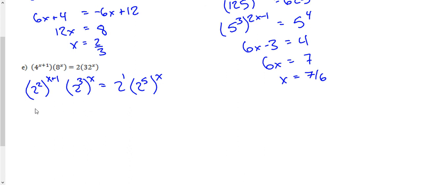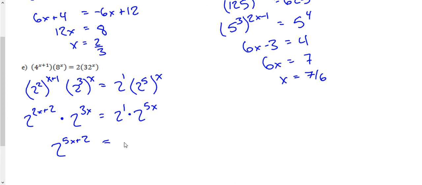Let's multiply out. So here we have 2 to the 2x plus 2. Over here, you have 2 to the 3x. Equal signs right here, that's 2 exponent 1, and over here it's 2 to the 5x. Well, in between all of these it's multiplication, so let's add these up. So here on the left I have 2 to the 5x plus 2.